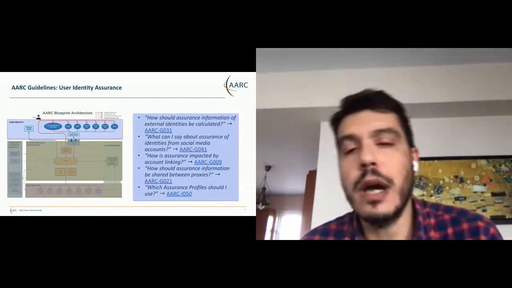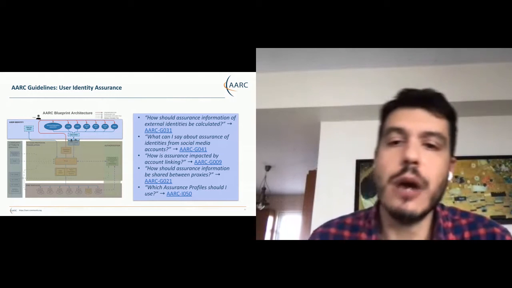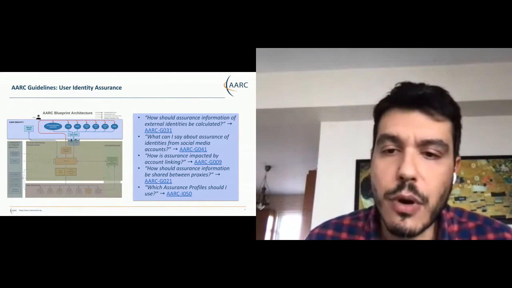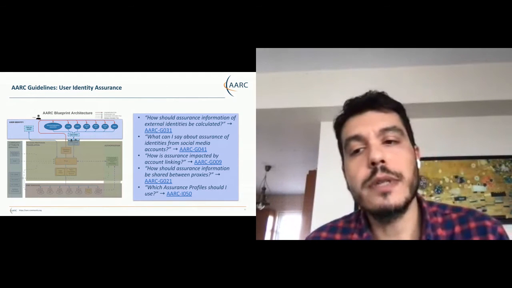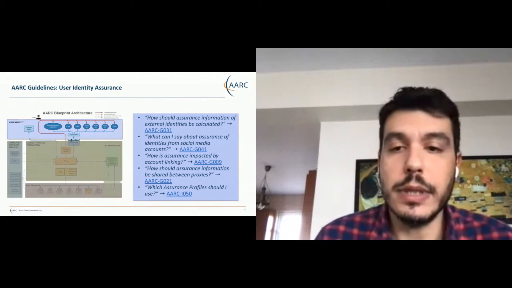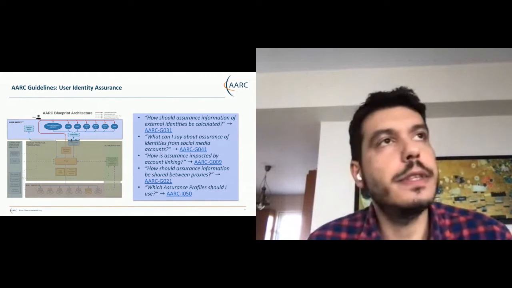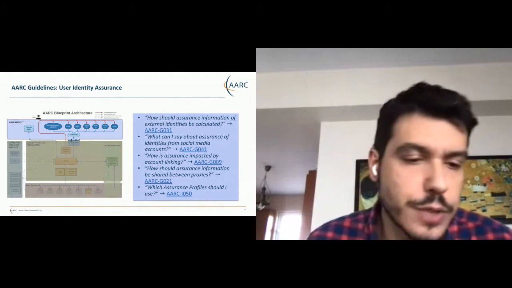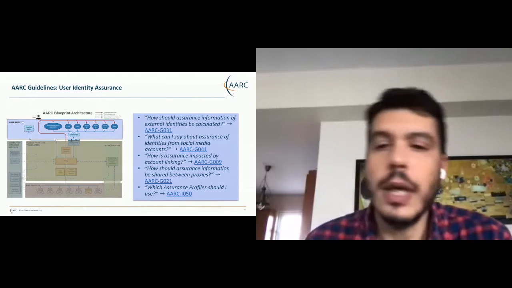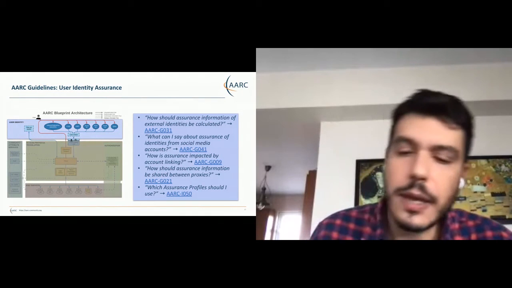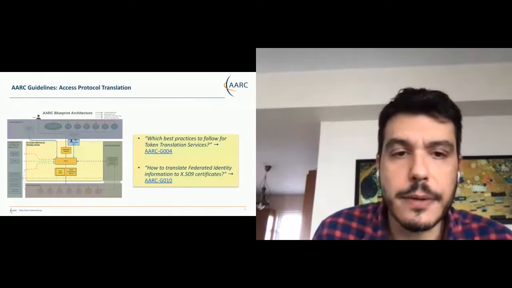Then again, a deeper analysis of how the account linking impacts the evaluation of assurance, how the assurance information is going to be shared between different proxies, and given the different assurance frameworks and profiles, there is also a guideline document describing how these profiles are related to each other.